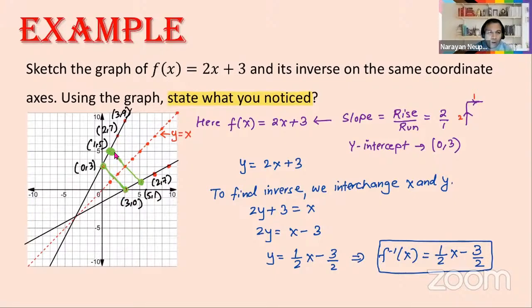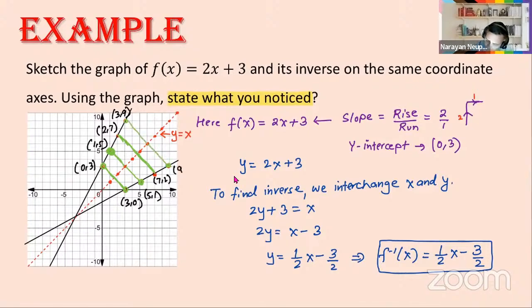All the points on the original function, when they are reflected about the line y equal to x, give the points on the inverse function. When you reflect 2, 7 about the line, we get 7, 2. Similarly, if you reflect this 3, 9, you'll get this point here, which is 9, 3.